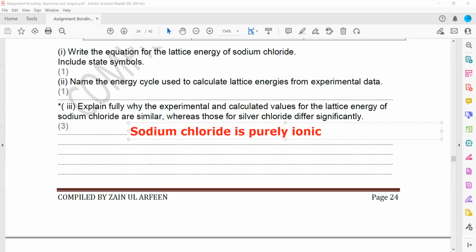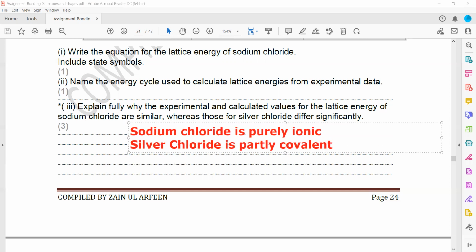But what happened in silver chloride is partly or partially covalent. And why is it covalent?